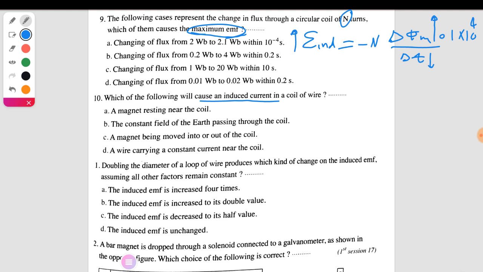A current is induced in the coil of wire due to the moving magnet, changing the magnetic field, which produces a change in magnetic flux, which is directly proportional to the induced EMF.